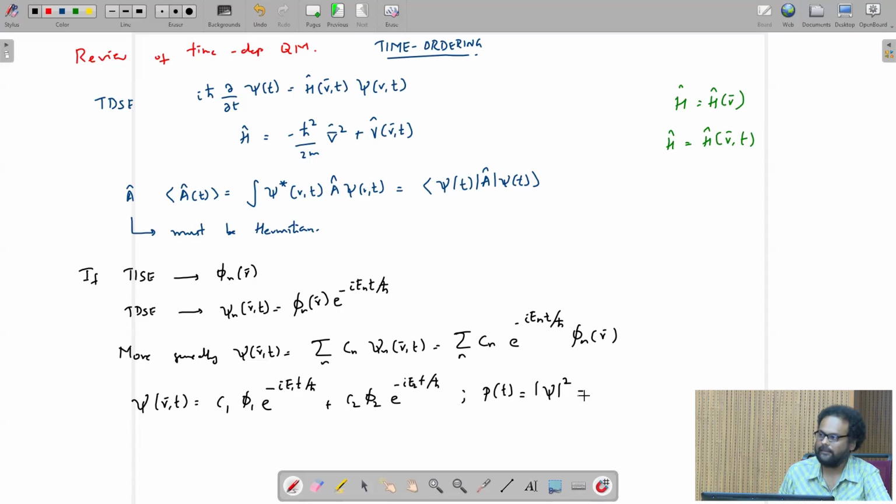How does that look? Expand, substitute and expand this out, and you will see that it will be C1 squared plus C2 squared plus 2 C1 C2 cosine of omega 2 minus omega 1. Omega 1 and omega 2 are the frequencies associated with each of those states.